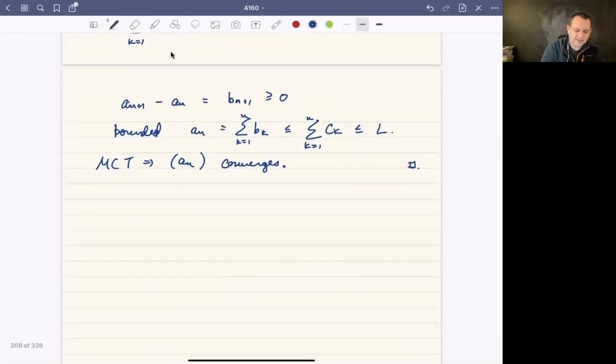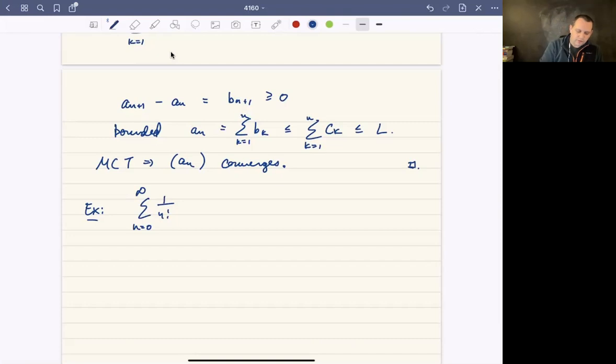So just to emphasize that, I wanted to do an example, and I want to think about the sum of 1 over n factorial as n goes from 0 to infinity. Again, we proved that this converges, but I just want to look at this a little bit and see how this works.